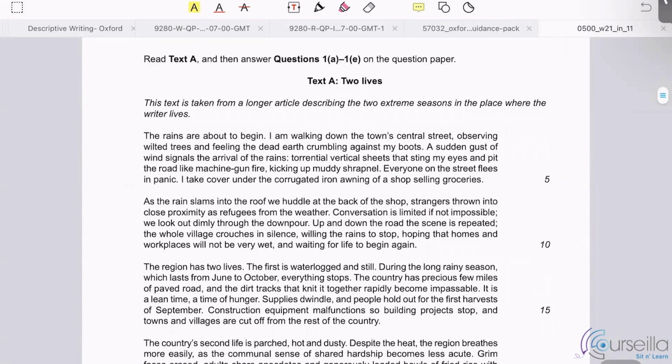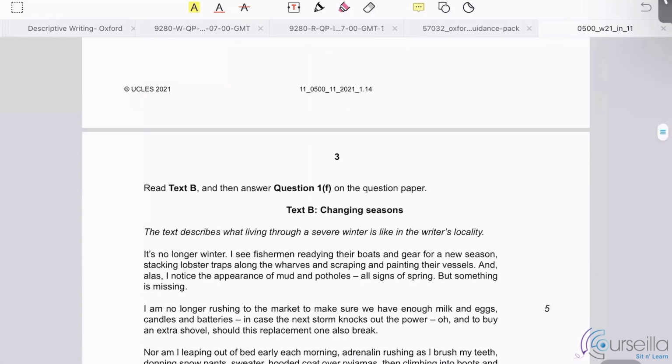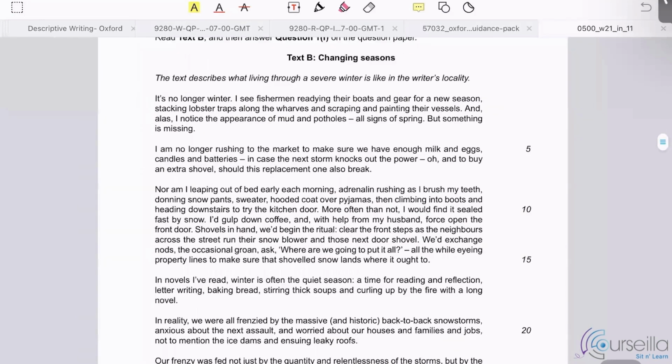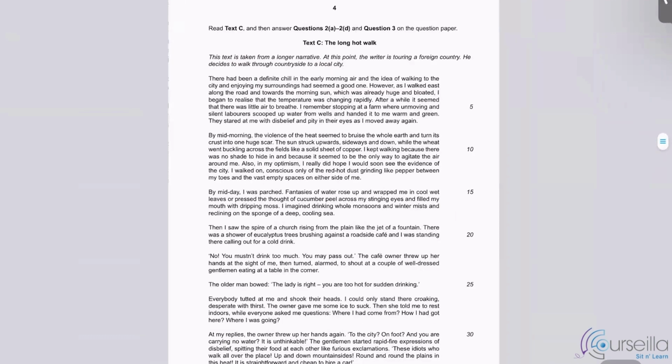Usually the topic of the 3 texts is connected, pretty much similar, which is always the same in most Cambridge exams. So that's text A, and then you'll have questions related to text A, text B, questions related to text B, and then text C, and then you'll have the writer's effect and summary.